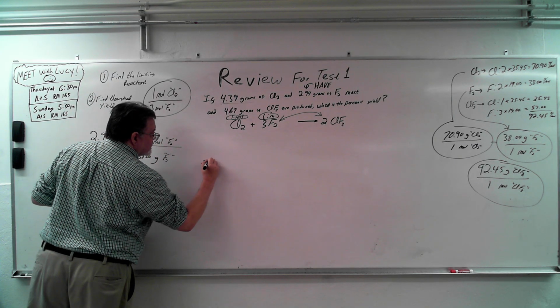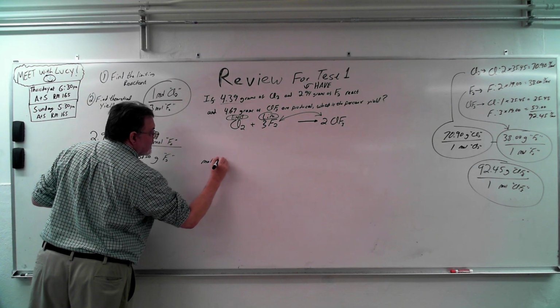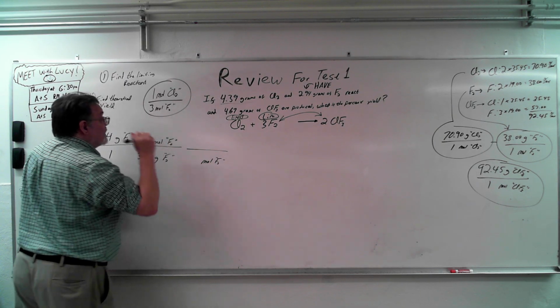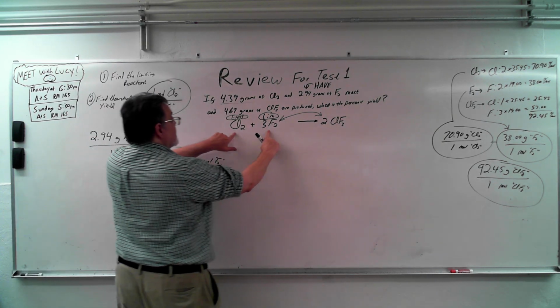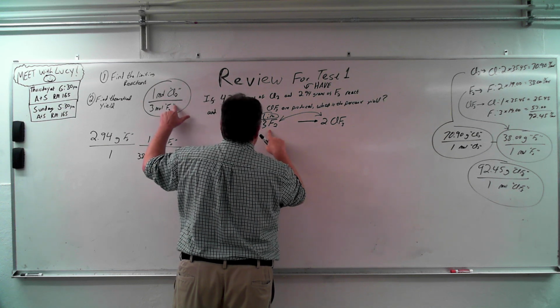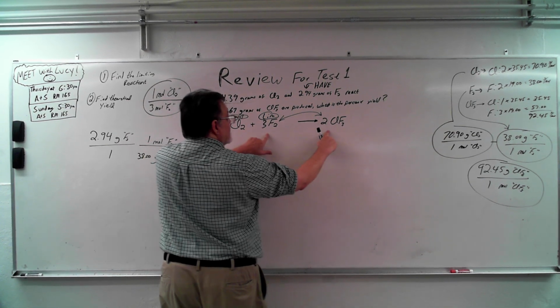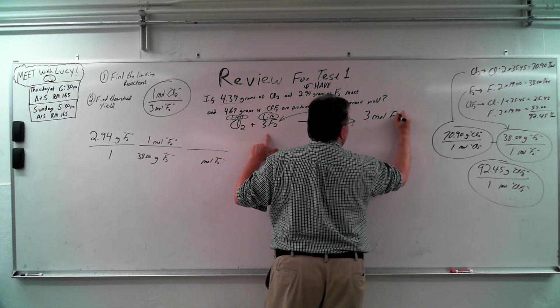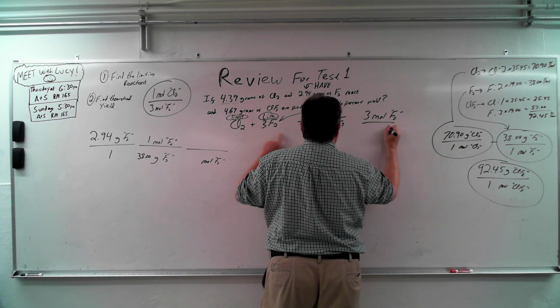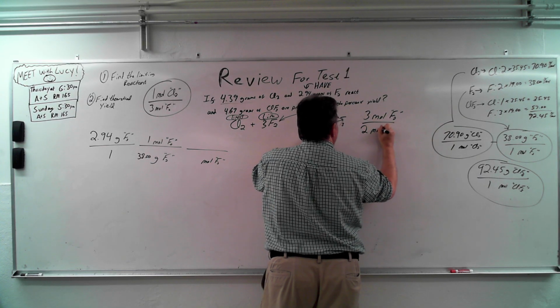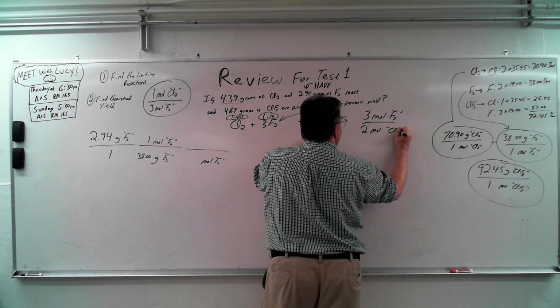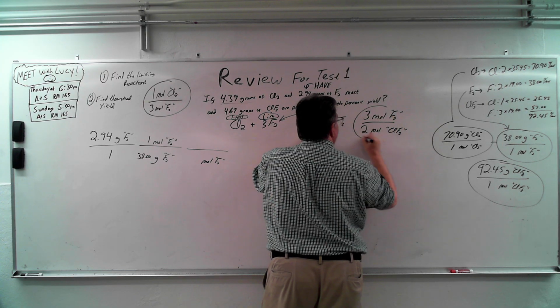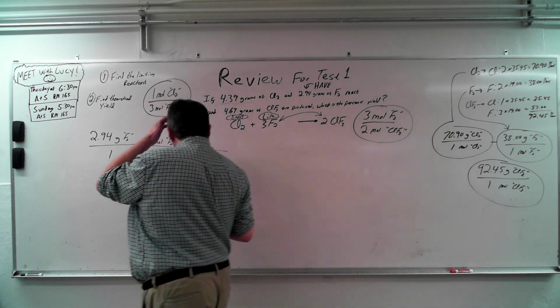That tells you moles of F2 goes down here. We were comparing these two before, so we used this ratio. Now we're comparing these two, so we've got 3 moles F2 to 2 moles ClF3. So now we're using that.